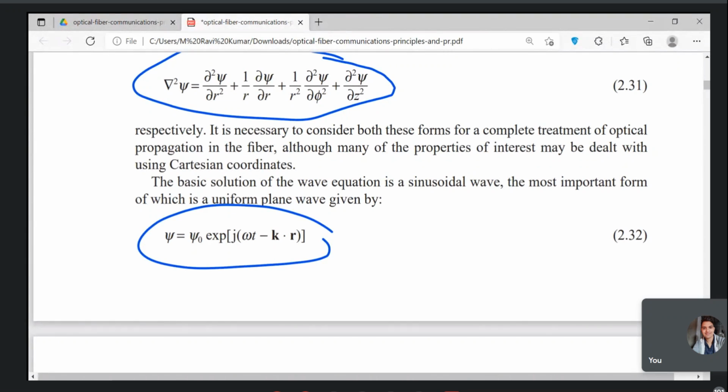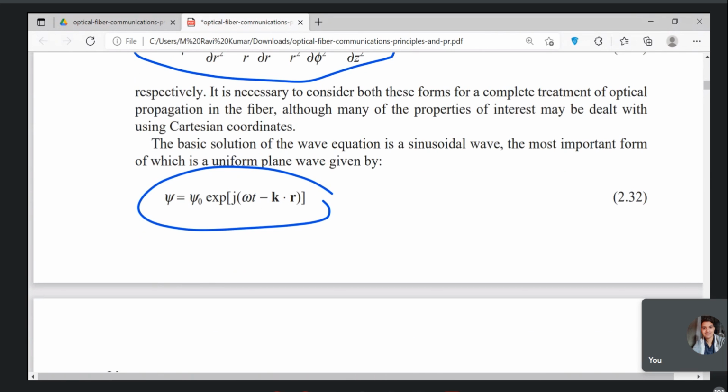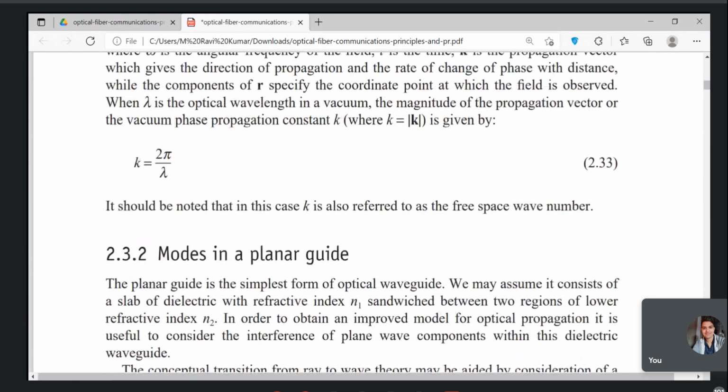So omega t represents the frequency and how it changes with time, and k dot r represents the propagation of the wave along the waveguide. I think you're already familiar with this phase propagation constant k, right? You must have gone through this in your physics classes.